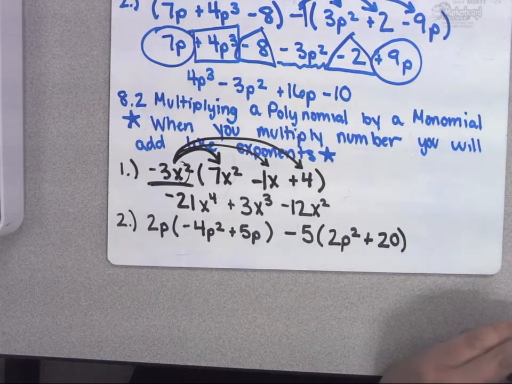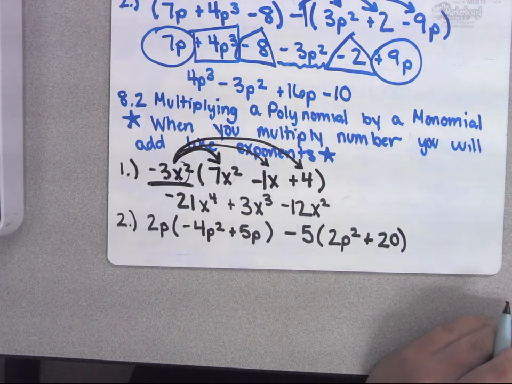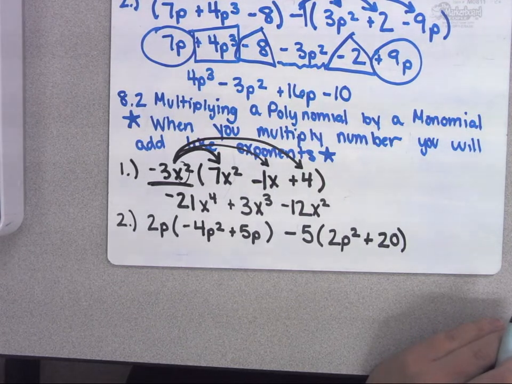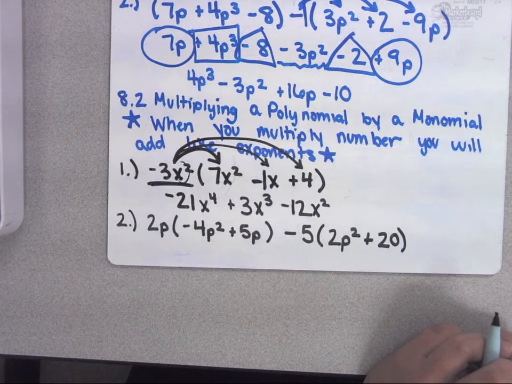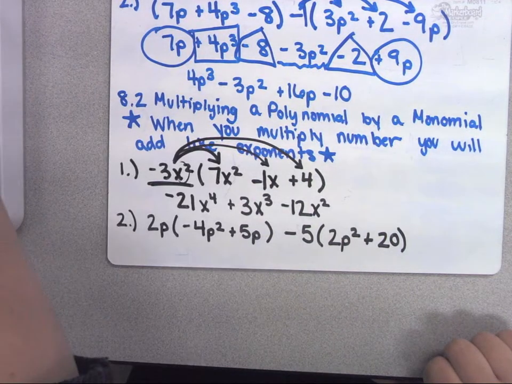So now this time, you're going to have to distribute in 2 separate groups. See if you can do it. I gave you low variables and low-ish numbers. Try it out. See if your answer is the same as mine when you're done.